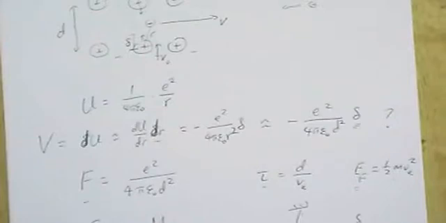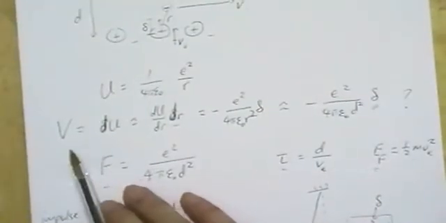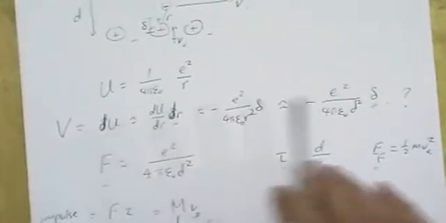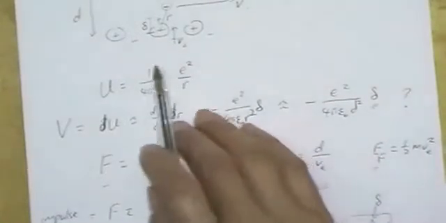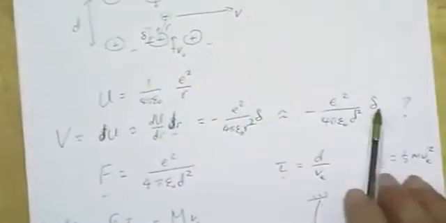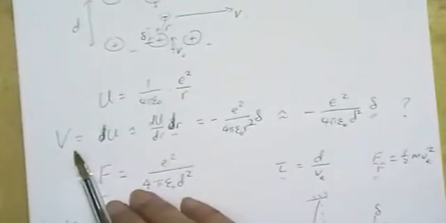Okay, we are almost done. There is one more detail we need to add, which is that this potential is not fixed. Since delta is a displacement, after a short time the positive ion would return to its original position, meaning delta would become zero again and this potential will be gone.